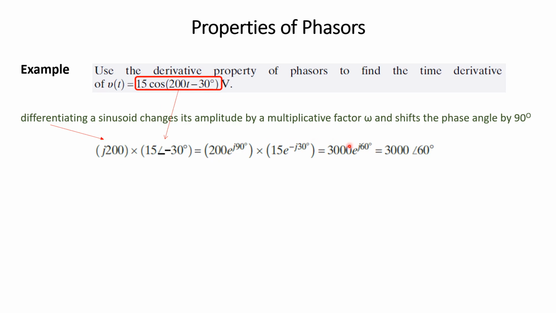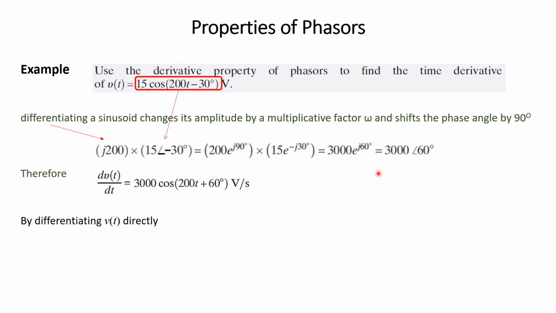Our resulting function is 3000 angle 60. We add an angle of 90 degrees to it: minus 30 plus 90 results in 60 as the angle, and we multiply the whole with omega. So this is 15 multiplied by 200, which is 3000.